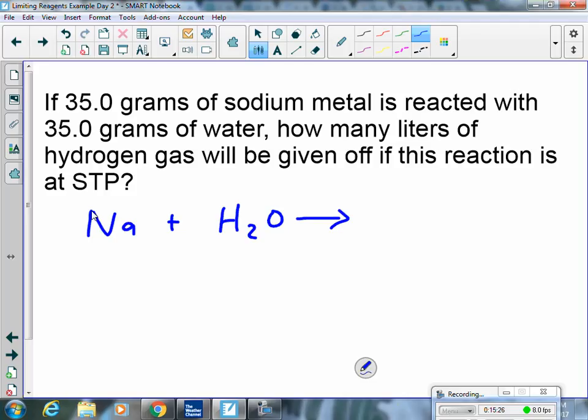Well, looking at my help sheet, what type of reaction is this? Single replacement. This is a single replacement number 2. An active metal plus water gives me a metal hydroxide and hydrogen gas. Well, specifically, my metal hydroxide is sodium hydroxide and hydrogen gas.